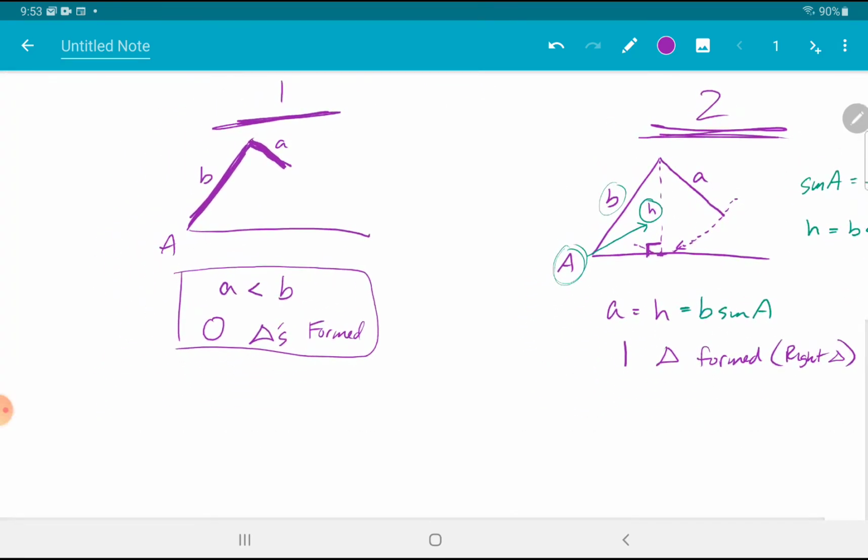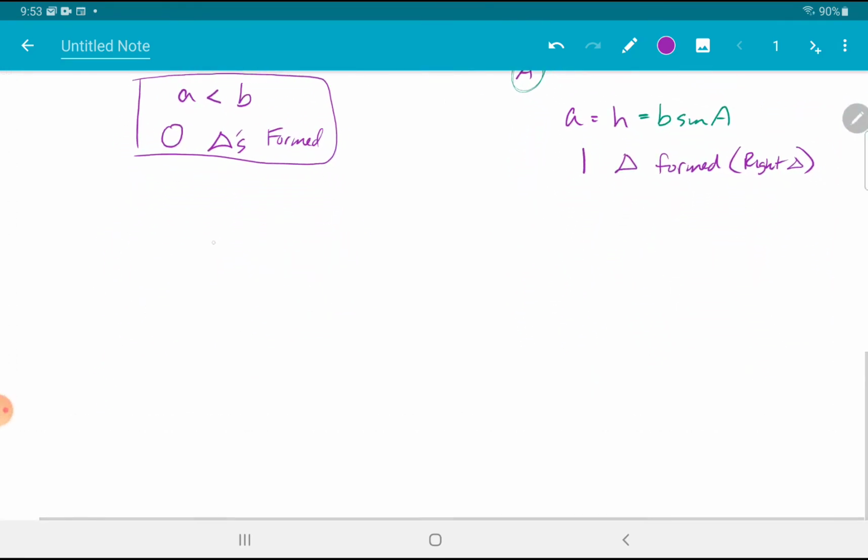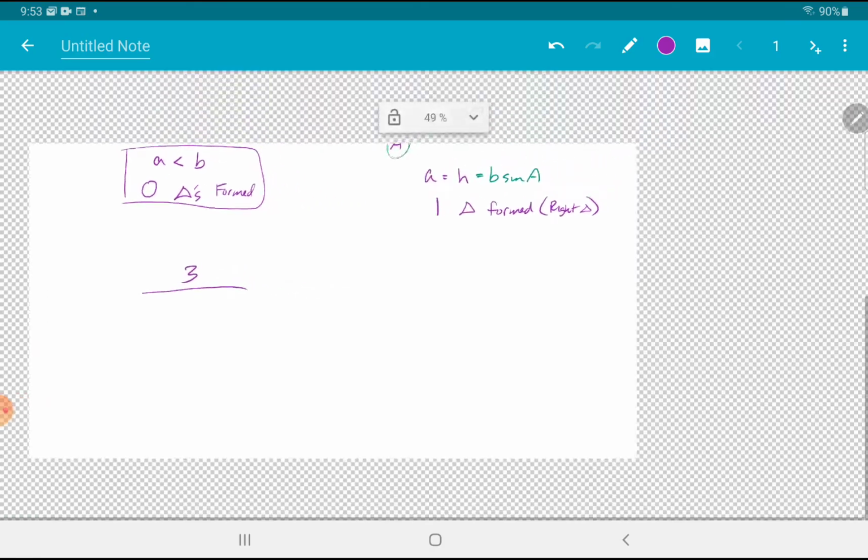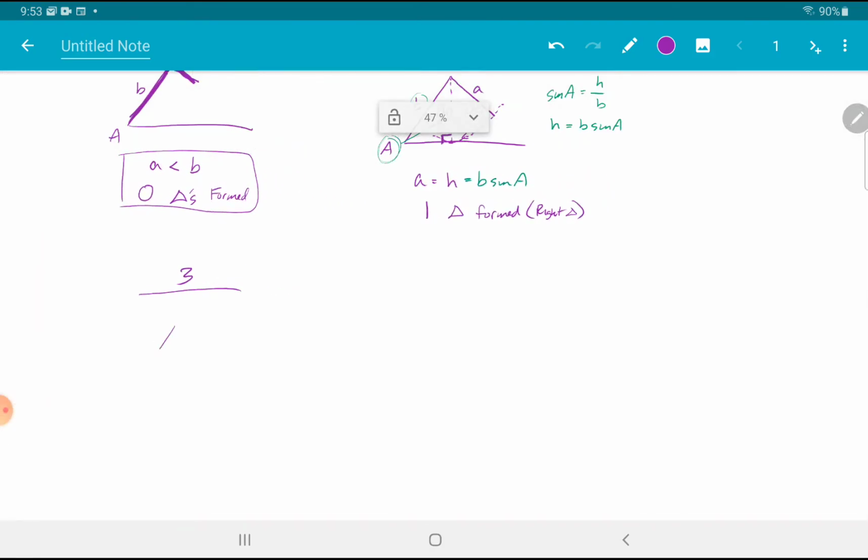Okay, and then going now to scenario 3. If I were to draw the diagrams again, so here we have angle A, here we have side B, and now I were to extend A just ever so slightly, so when it swings and creates that pendulum, you end up seeing that you can get two triangles formed right here, right?